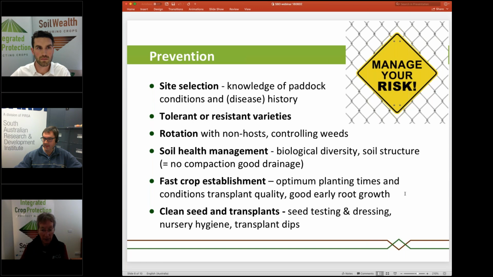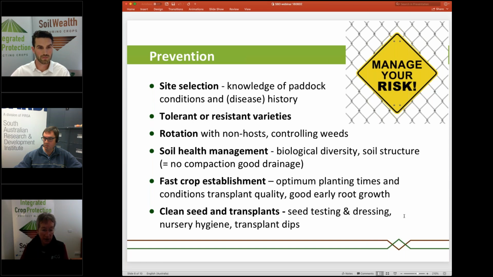There's also some weird and wonderful products that might help in fast crop establishment. We can't really go into detail, but again, if there's interest, we will provide more information on our website, and we're still working on products that might help biological activity in crop establishment. Another really important part is having clean seed.